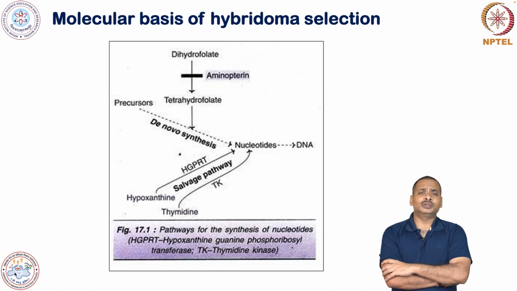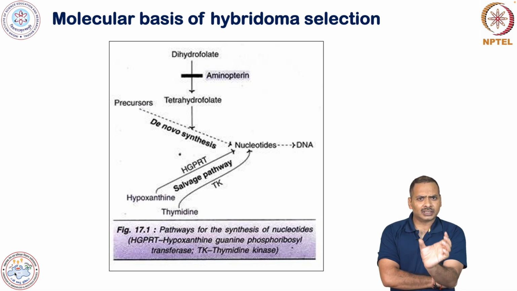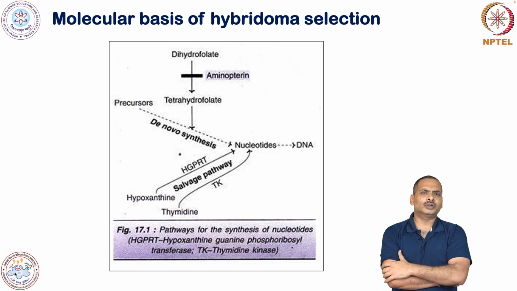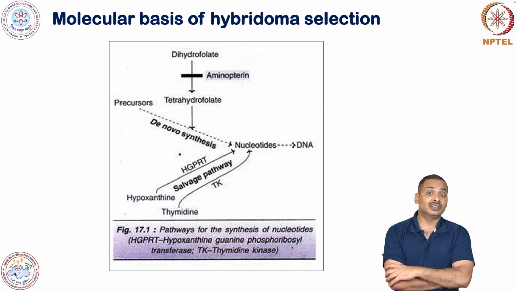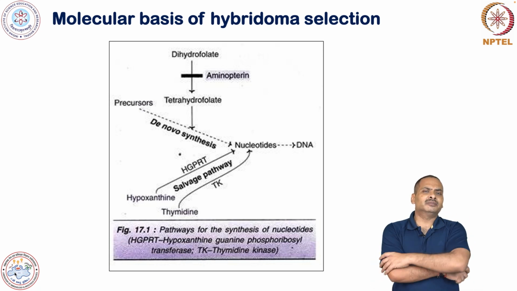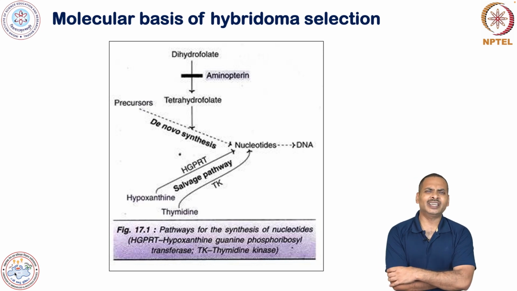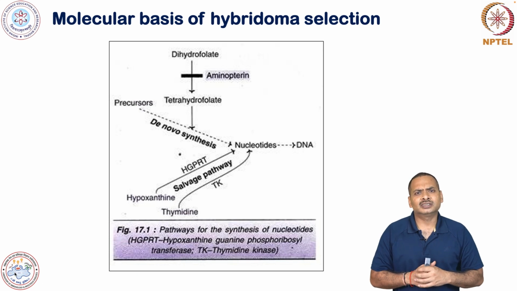So what we do, we basically want all those cells which are fused with these spleen cells. Just for your information, we use various agents such as polyethylene glycol in order to fuse these two cells. Sometimes people use Sendai virus, which basically fuses these cells, okay.